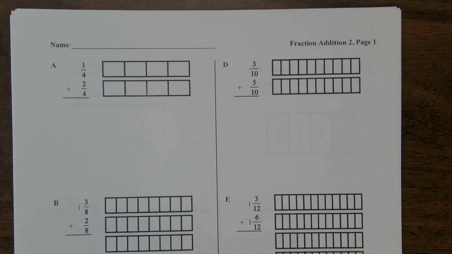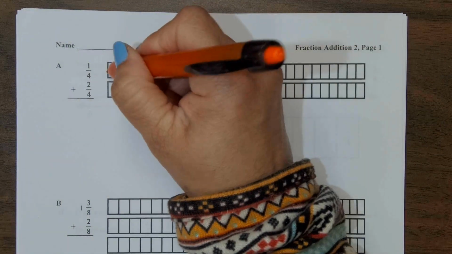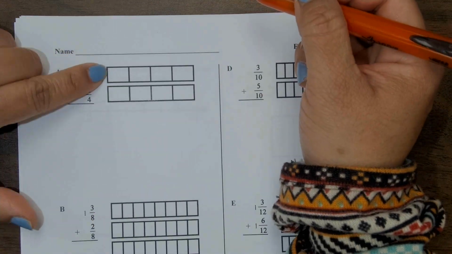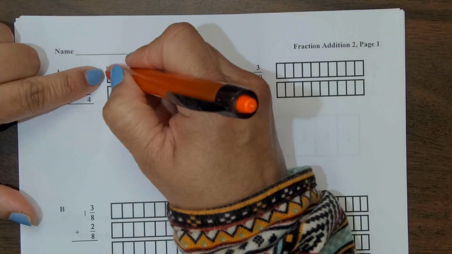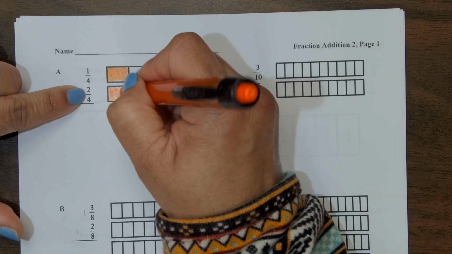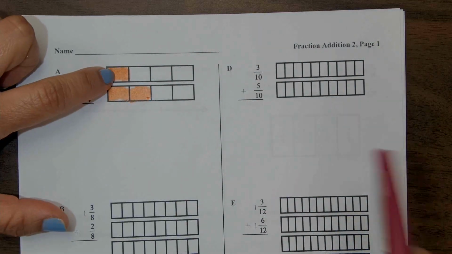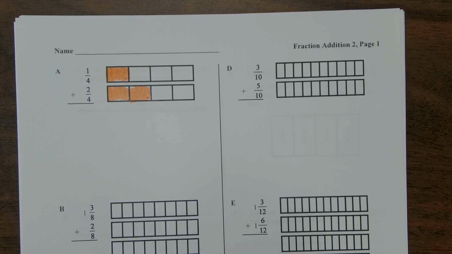So make sure you have something to shade in with. Okay, so we're going to shade in 1/4. Again, how many pieces make up this bar? 4. So I'm going to shade in 1/4 plus 2/4 equals, well, how many pieces do I have shaded? 1, 2, 3.